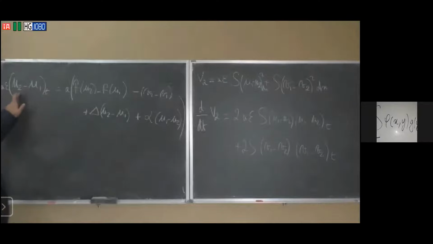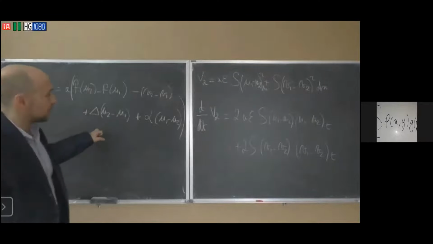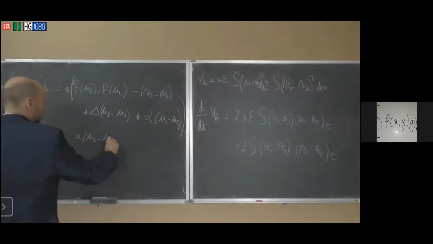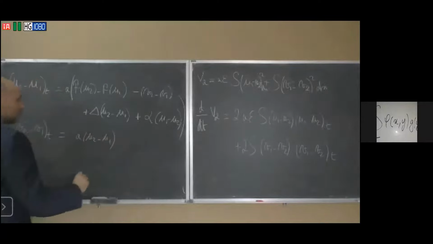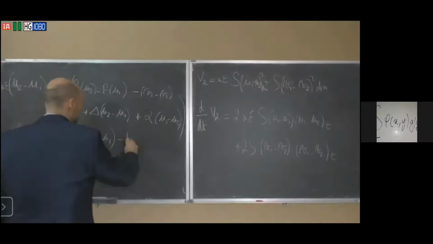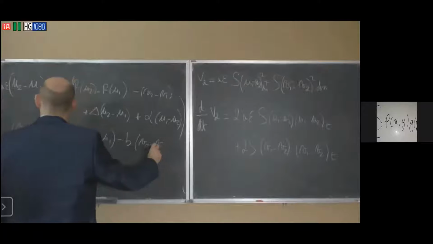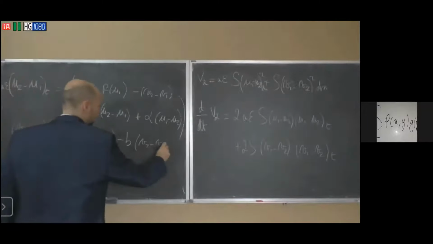So if I do u2 minus u1, and I take the derivative, I obtain that. And for v2 minus u1, I get I u2 minus u1 minus b u2 minus u1.